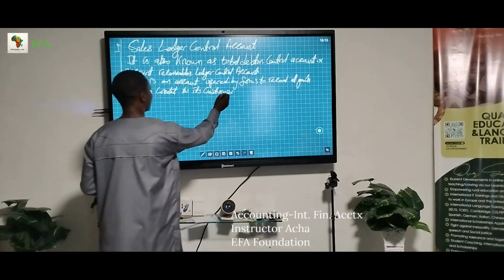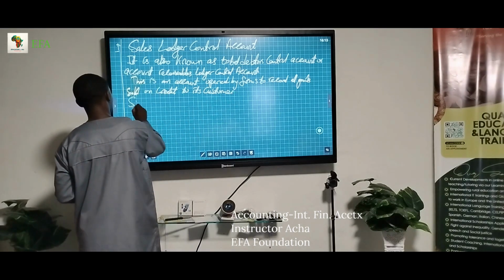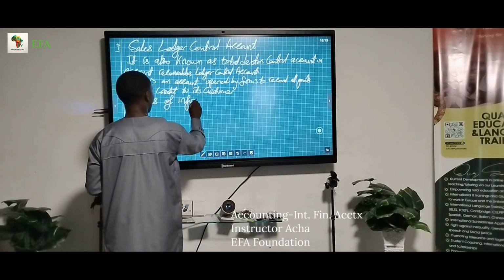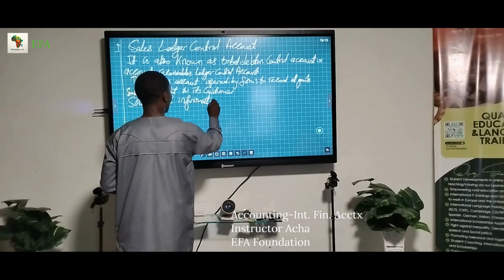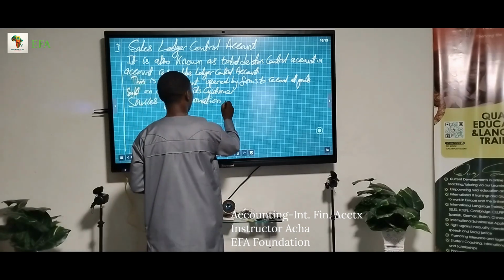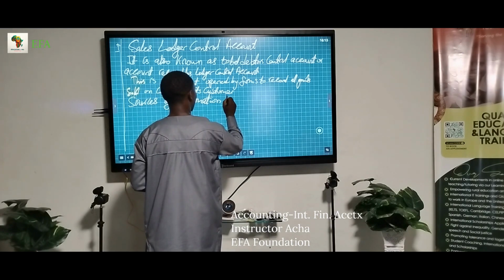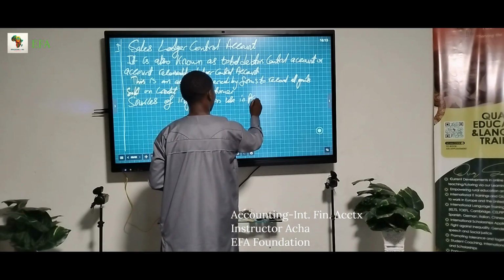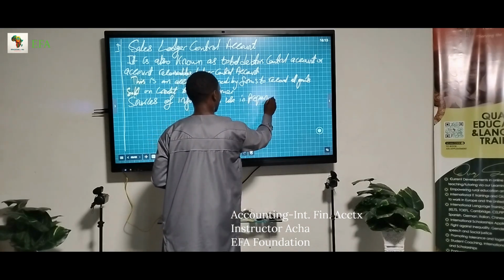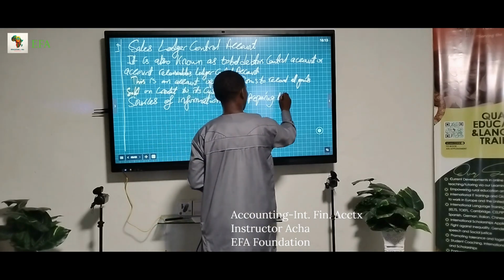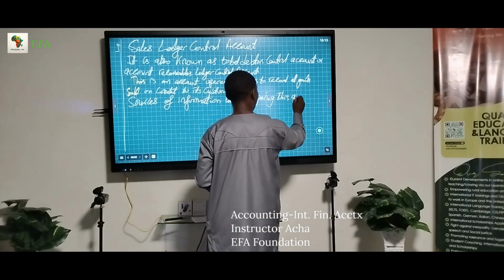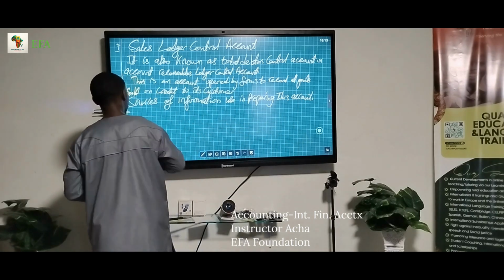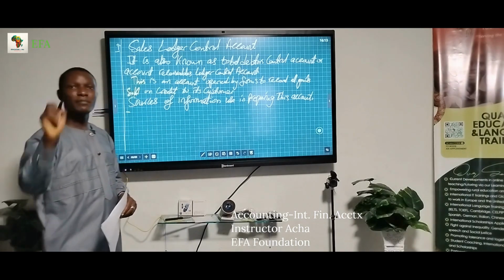Let's look at sources of information used in preparing this account. The very first one, we look at the opening balances.